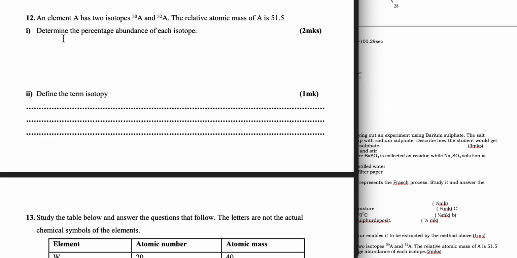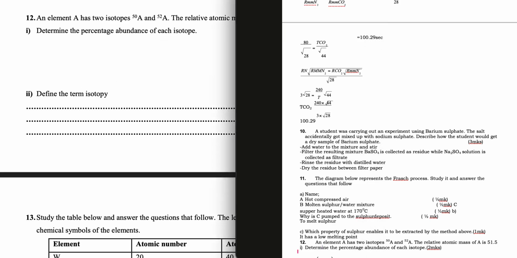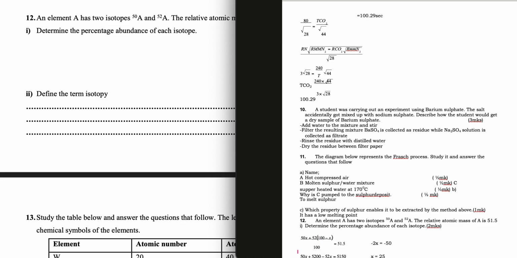Question 12. An element A has two isotopes. The relative atomic mass of A is 51.5. Determine the percentage abundance of each isotope. This is how you determine.